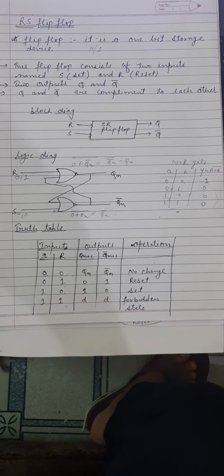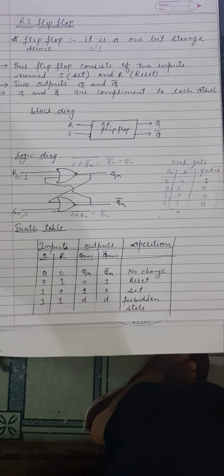Okay, now the next inputs are 1 and 0, as the value of S is equal to 1, and the value of R is equal to 0. Here in this NOR gate, one of the inputs is equal to 1. As one of the inputs is equal to 1, the output is 0, and this output 0 will go into this NOR gate, 0 0.